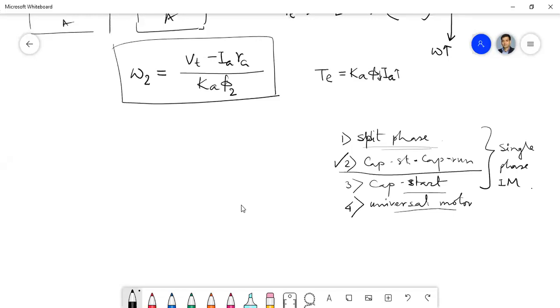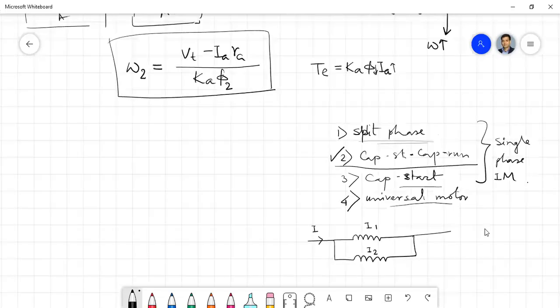Now suppose we need two coils. Suppose one current I is flowing here. The current will be divided into two using the current dividing rule. Clear? That you all understand, I think.